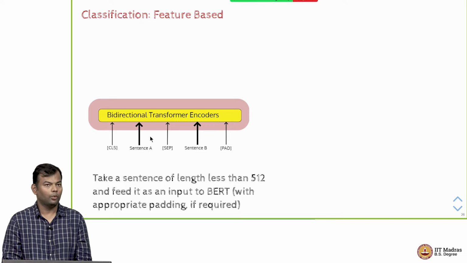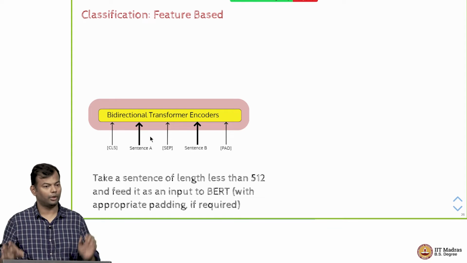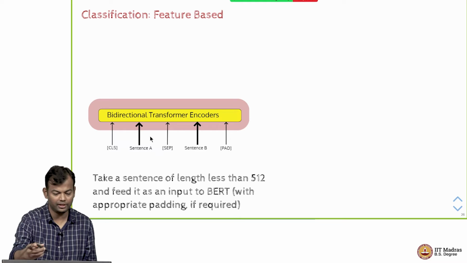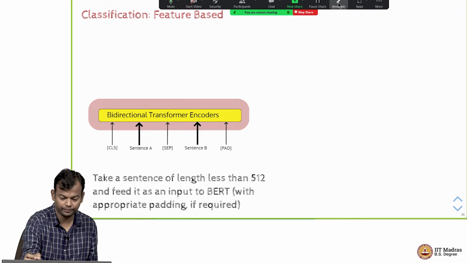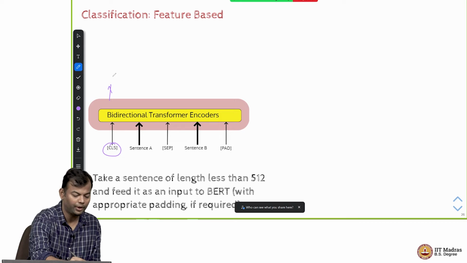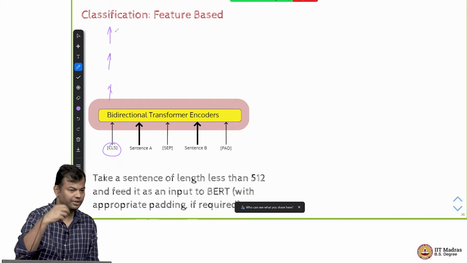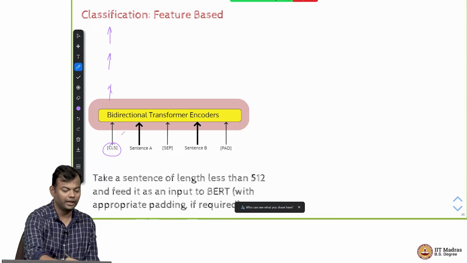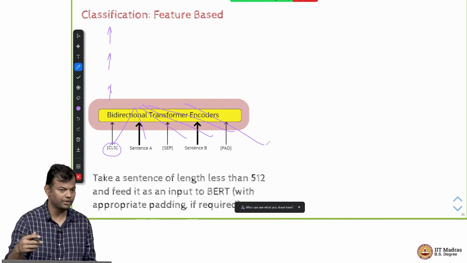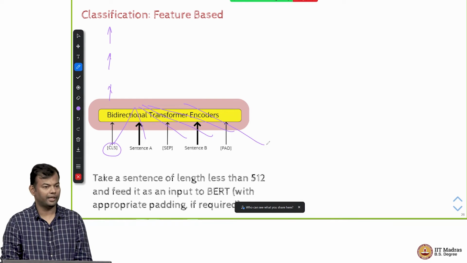Now suppose you have pre-trained the model, and you had this special token, remember, CLS. When you are calculating the subsequent representations for CLS at every layer, it had of course seen all the words in the input sentence, because it was taking a weighted attention of all of that.